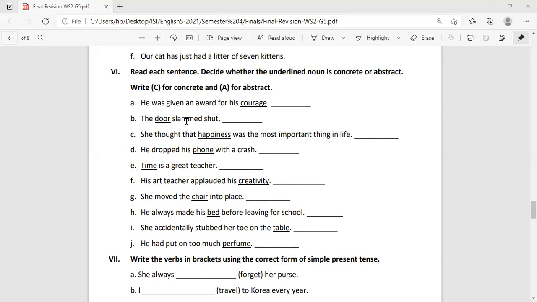So when I'm talking about actions that are repeated or regularly happen, we have to use the simple present tense. These actions are shown by using the adverbs of frequency, like always, often, usually, rarely, never, sometimes.